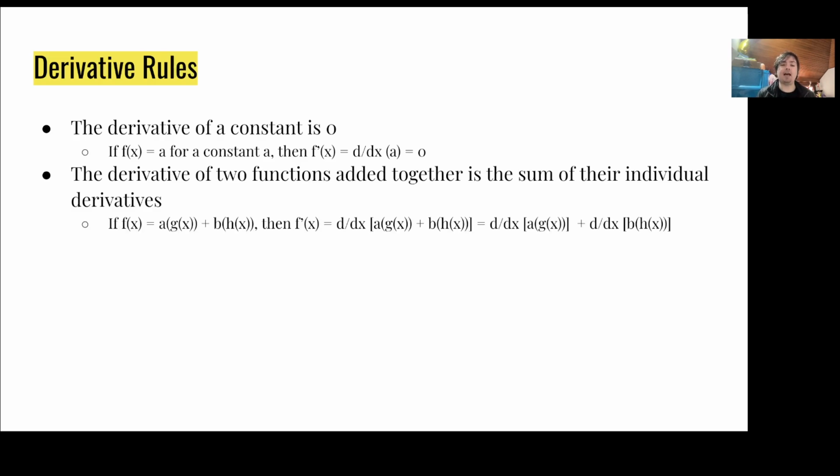So if you have f of x equals a constant a times g of x plus a constant b times h of x, then the derivative would just be a times g prime of x plus b times h prime of x.